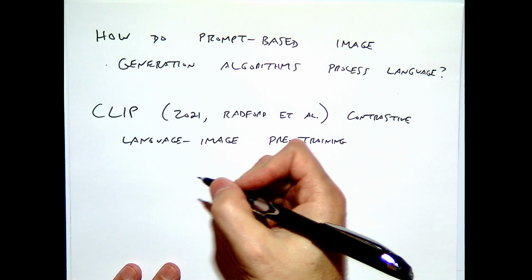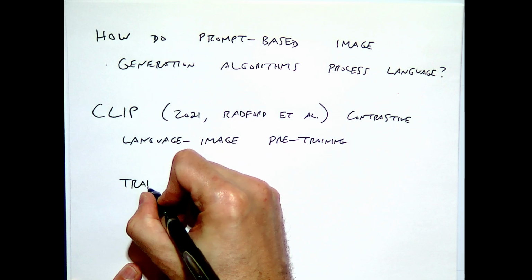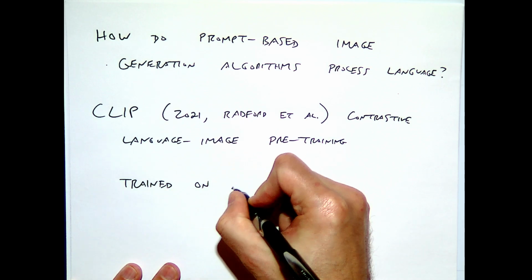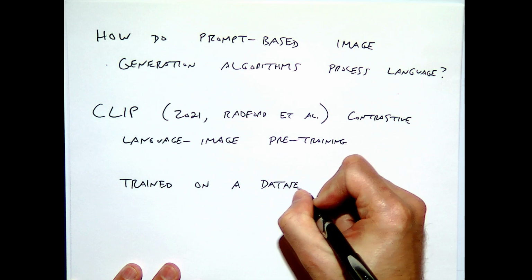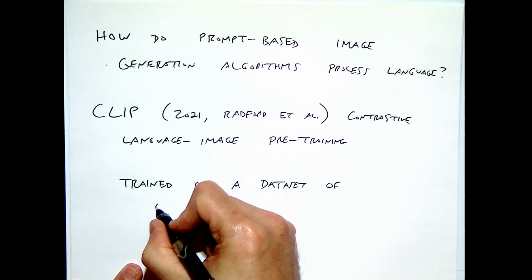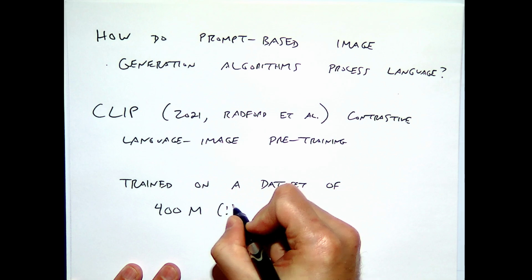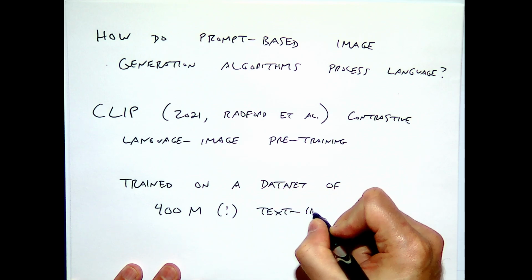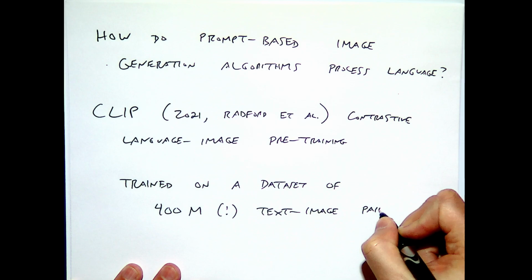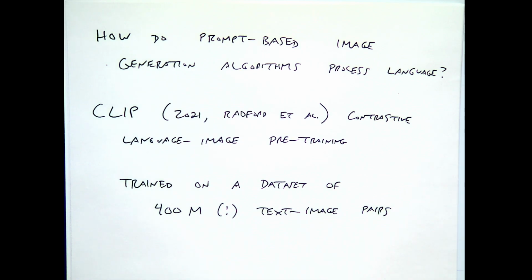And so CLIP was trained on a huge database. So trained on a data set of 400 million text-to-image pairs, which again were gathered in a variety of ways, like image captions of news stories and all sorts of public domain stuff. And there was also, I think, probably a huge army of image labelers out there that were given images and asked to describe them with a prompt, and then people rated how well the prompts worked and so on.